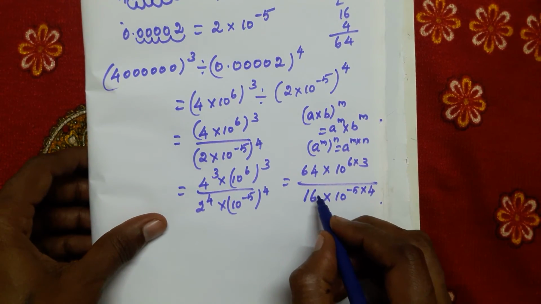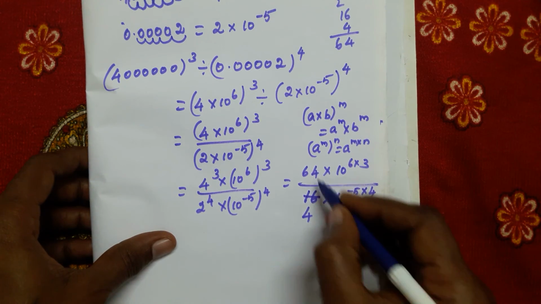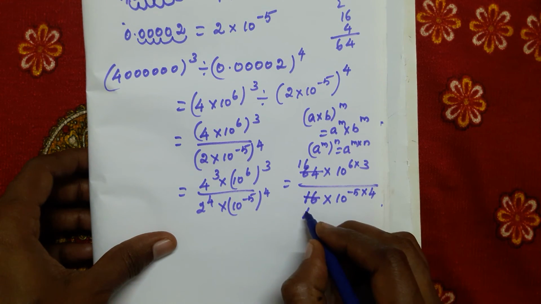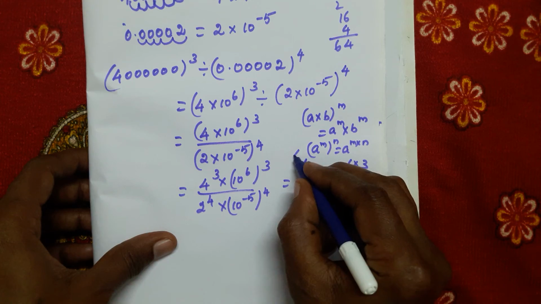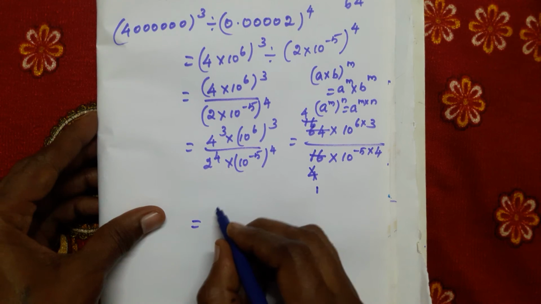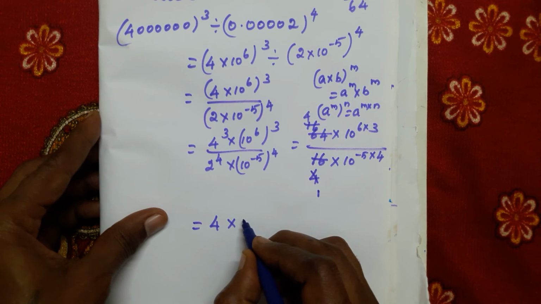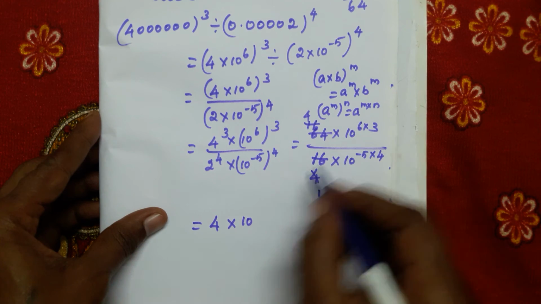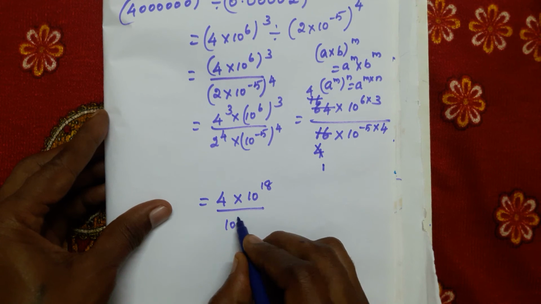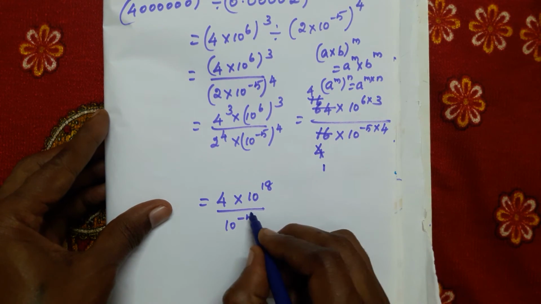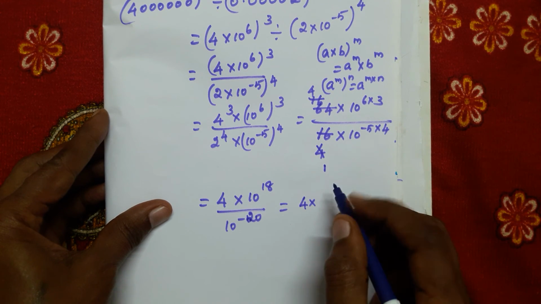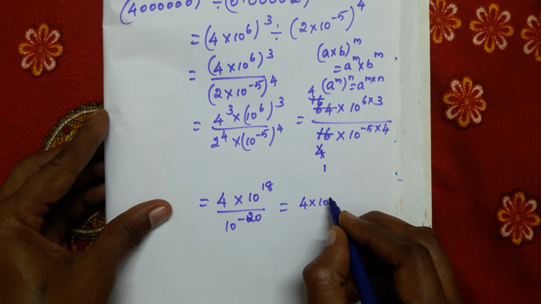Which table can we cancel? Yes, the 4 table. 4 4s are 16. 1 4 is 4. 2 balance, 6 4s are 24. Next 1 4 is 4. 4 4s are 16. So we are getting 4 into 10 power 6 3s are 18 divided by 10 power minus 5 4s are 20, 10 power minus 20, is equal to 4 into 10 power 18.